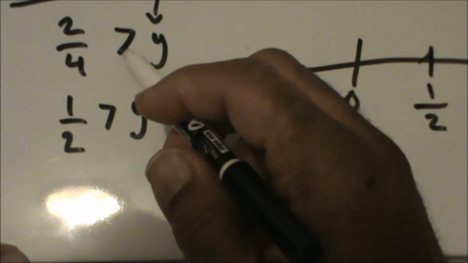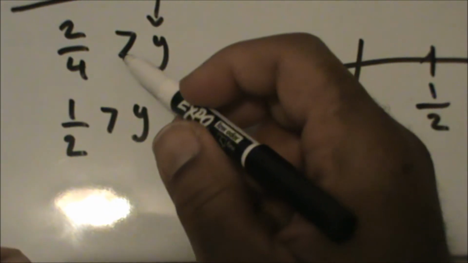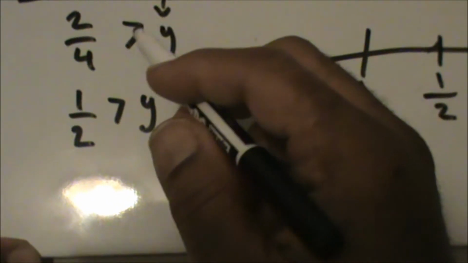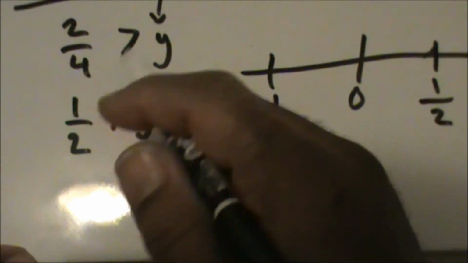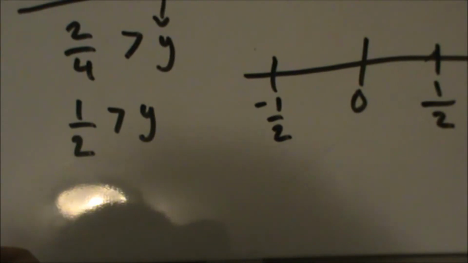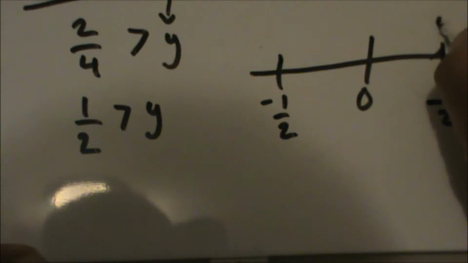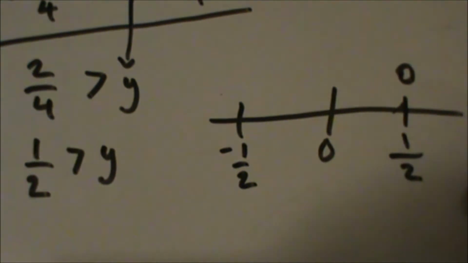This is open because it's greater than. It doesn't have the line under it indicating equal, so open represents less than or greater than. Put an open circle over here. It's not shaded. So we need to determine which direction.